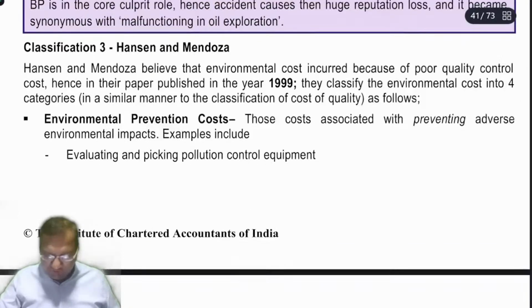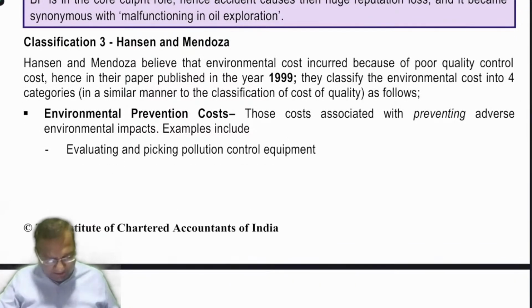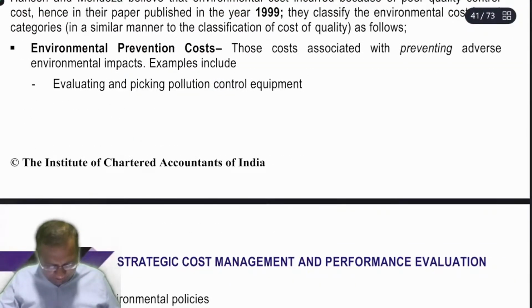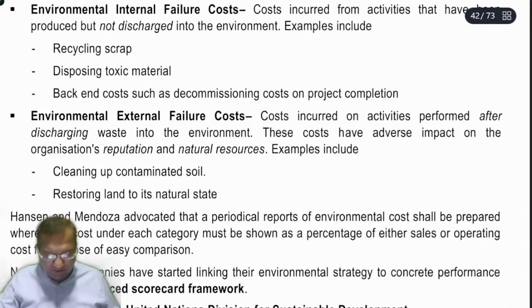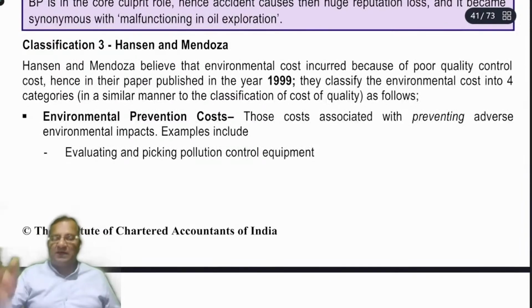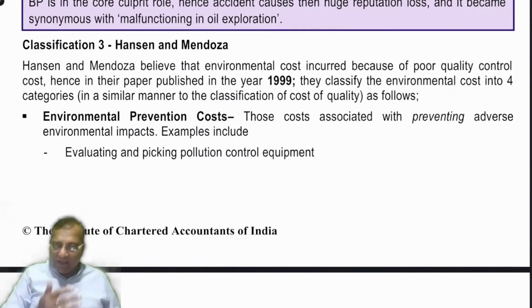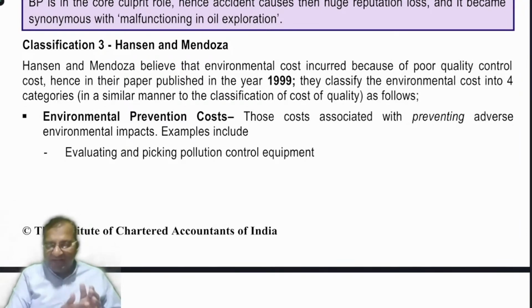Definitely, beta, we will discuss this point in detail, but again, time will be given to you to read this environmental cost classification. Before that, I will revise the cost of quality classification so that it will be helpful for you to see how that classification has been deliberately modified so that it can be used in environmental management accounting.